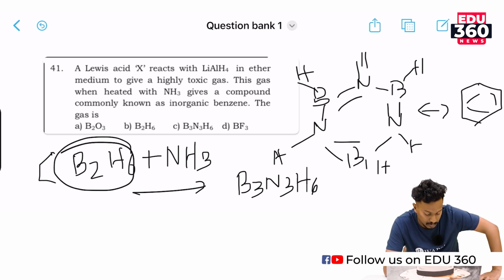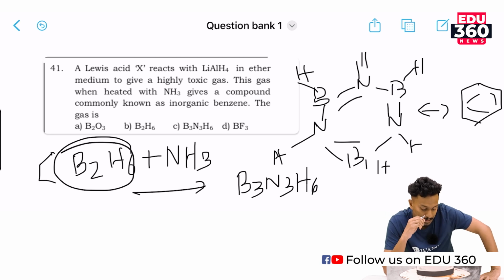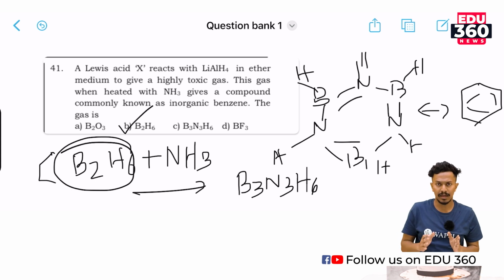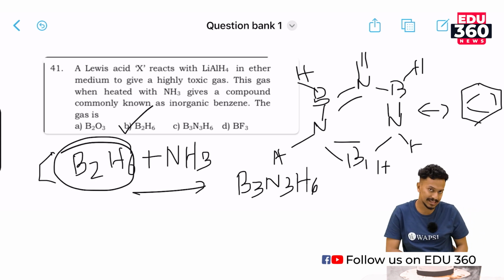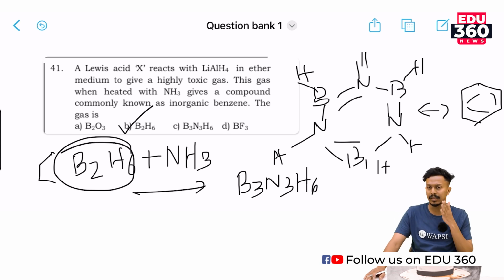In this question, the poisonous gas that is emitted is B2H6, diborane. B3N3H6, option number B. Actually, we should not depend completely upon the first part of the question. We could also extend our knowledge to the second part. It is easier to find the correct answer from the second part rather than the first part.